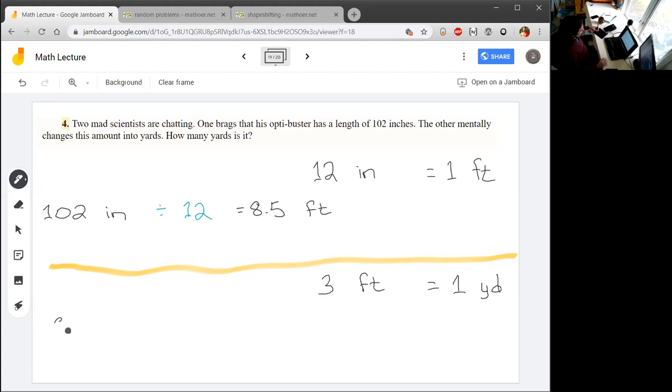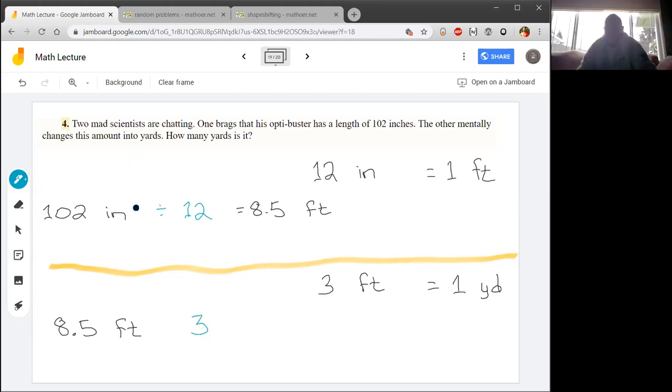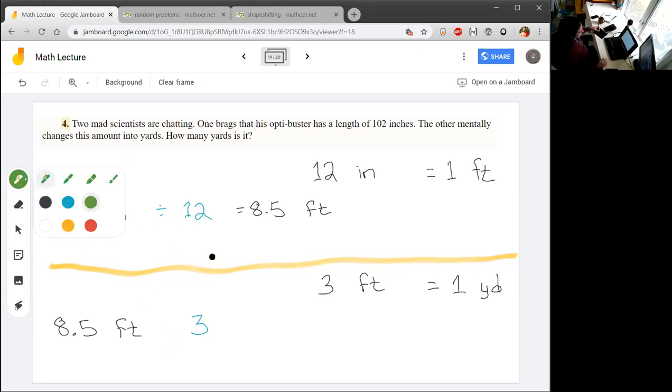Okay, so far so good. Now I have 8.5 feet, and I'm going to do something with the 3. Multiply. So this one was divide because we're grouping or bundling or whatever you want to call it, the inches into the feet.